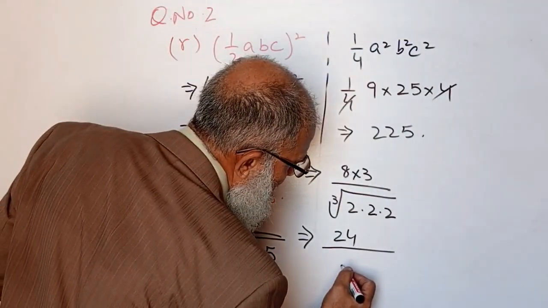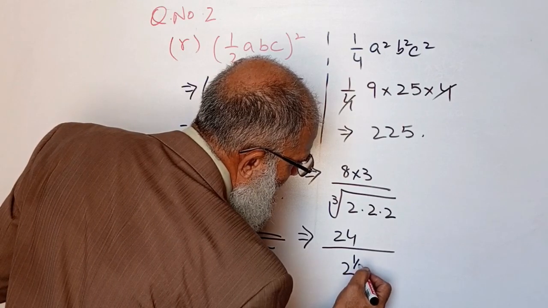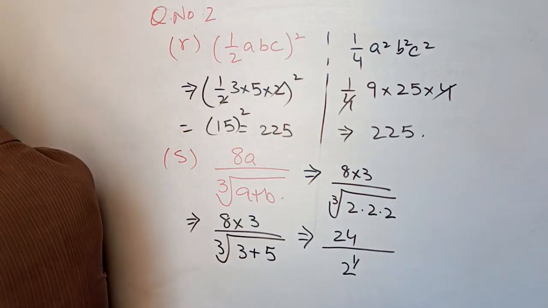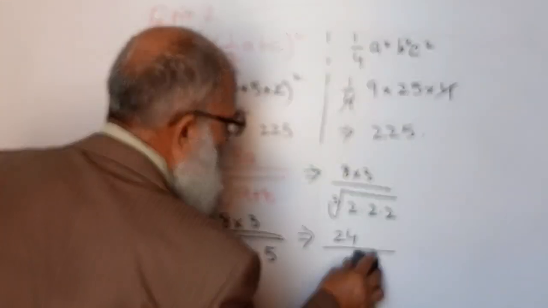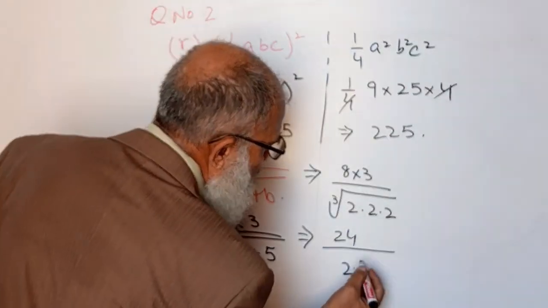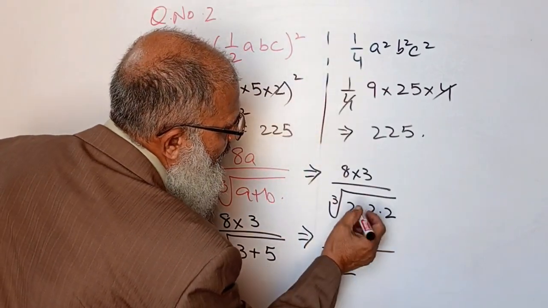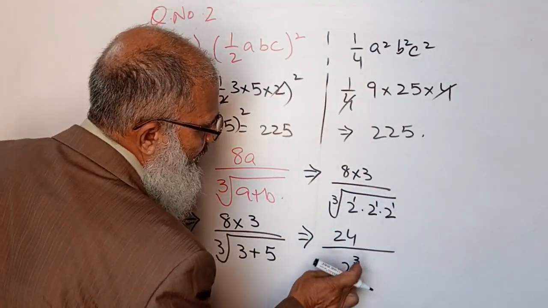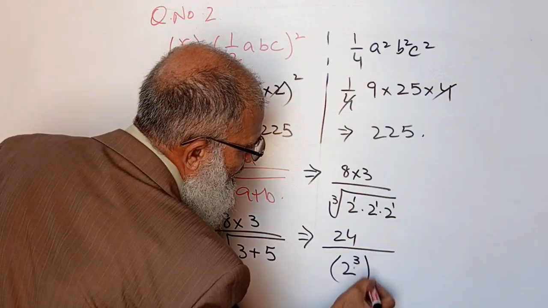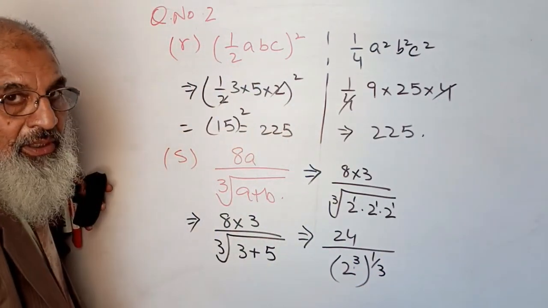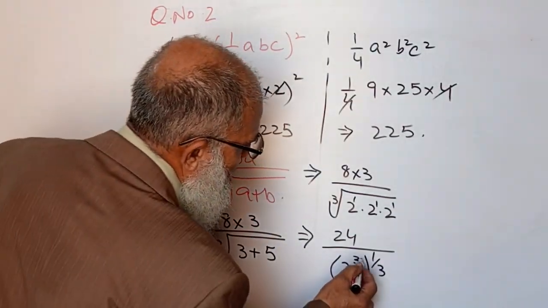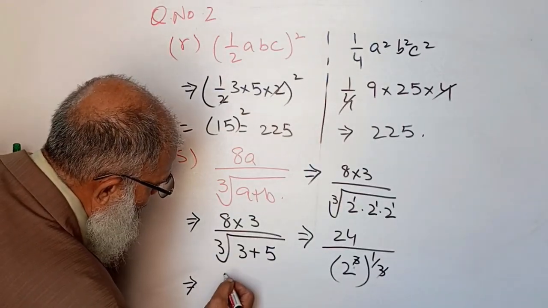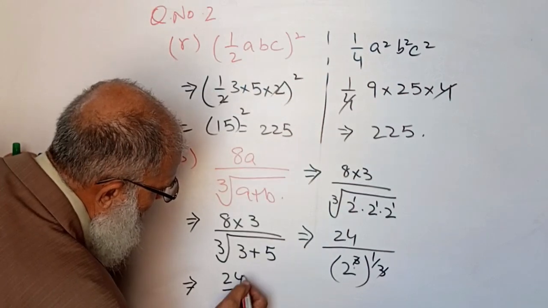Now it will become 2 raised to power 3. One power is here, one power is here, one power is here. Bases are same, so we will add the powers over here. I told you this in some of my previous lectures. Now this will be cancelling this one, so it will be left only with 2. So 24 divided by 2 is 12.